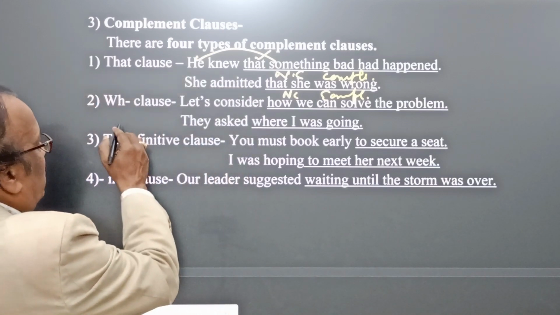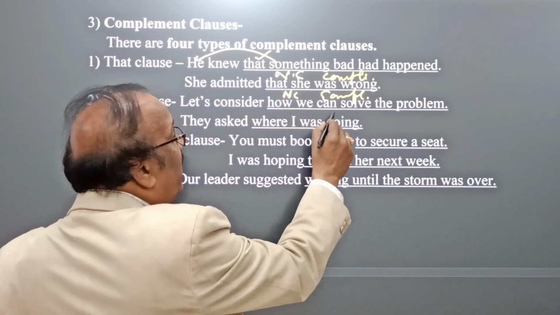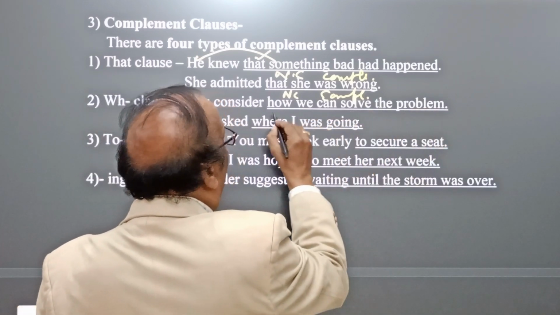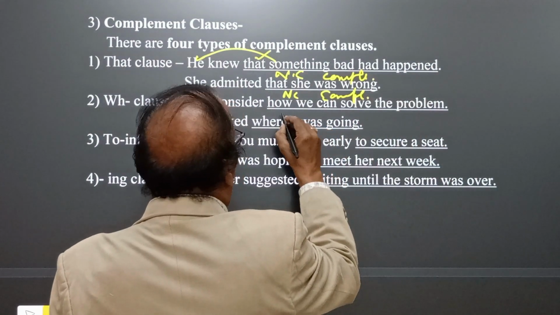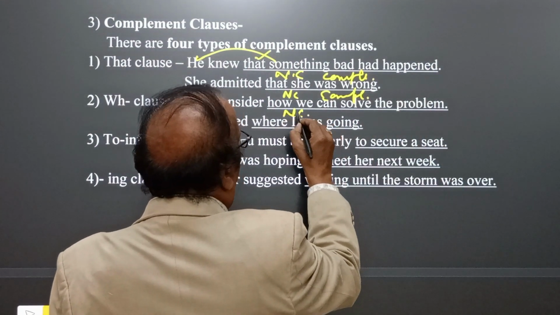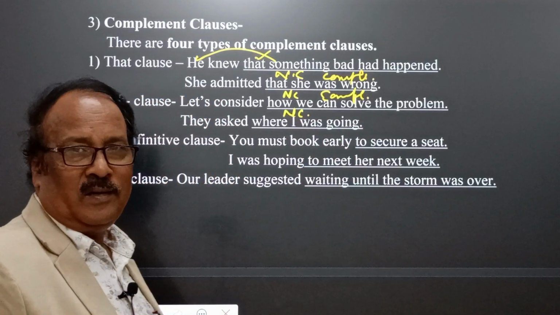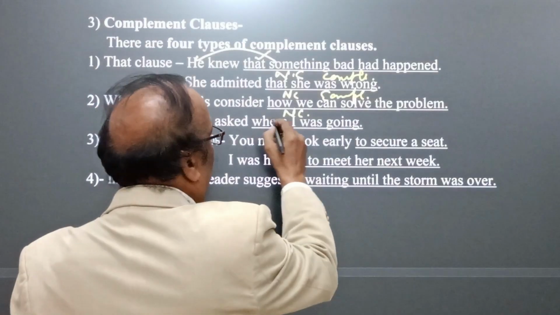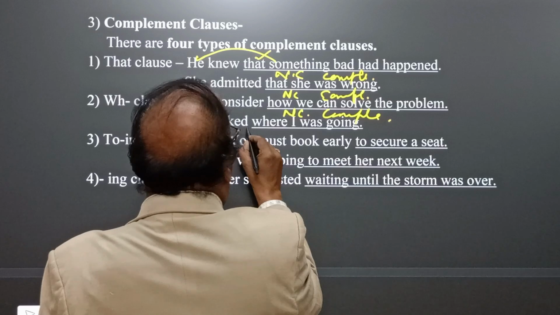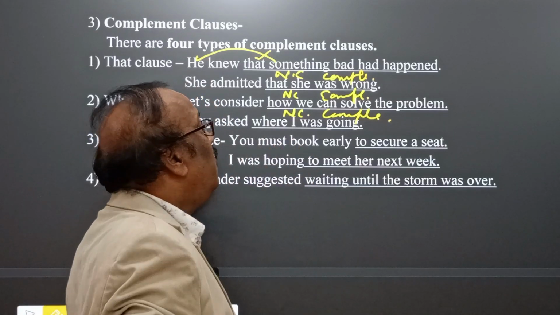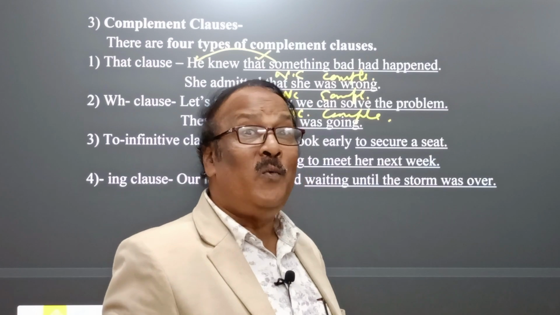Now come to WH clause. Again, let's consider how we can solve the problem. How we can solve the problem is also a noun clause. So it begins with how, and it is also complement. Now they asked where I was going, not where was I going, where I was going.